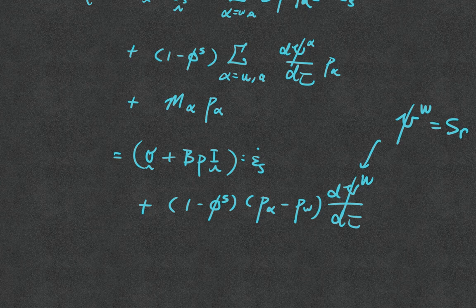And this is usually picked to write the balance of linear momentum, to write the constitutive law simply because it's more intuitive. Okay, so you can pick the other one. Now this term is actually very unique. This is actually called the suction term.